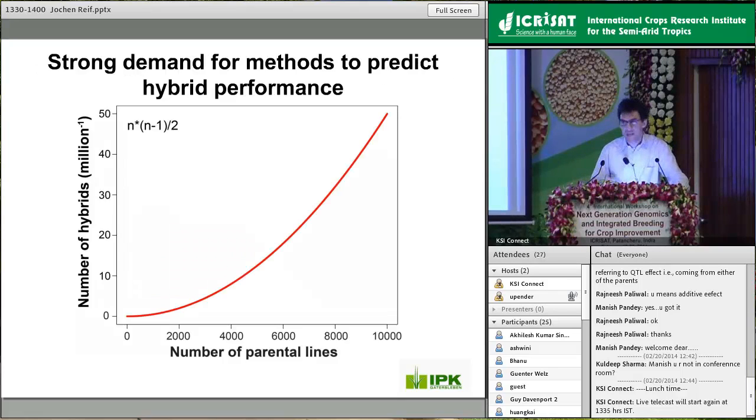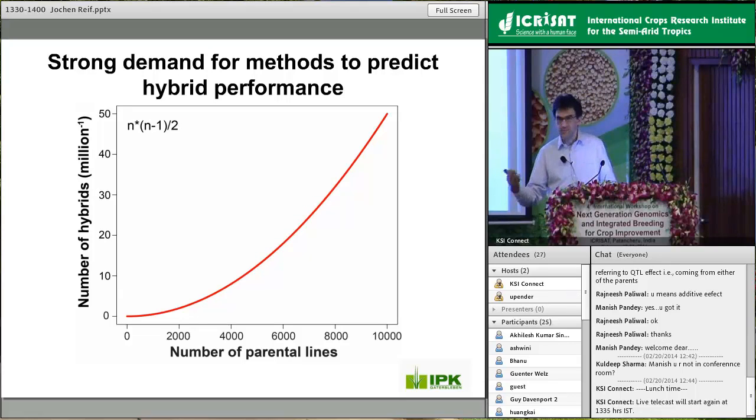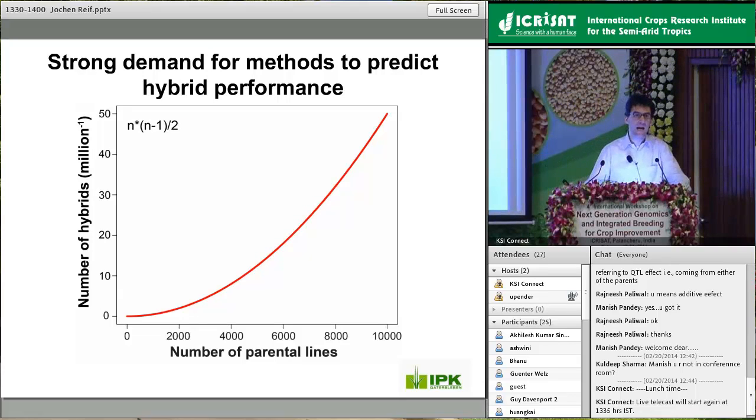So hybrid breeding in wheat has potential, and that is clearly underlined by the phenotypic data which we collected. But the question is, with hybrids, that we have a huge number of parental lines available. So if you have a DH program running in wheat breeding programs, you can easily end up with 10,000 parental lines.